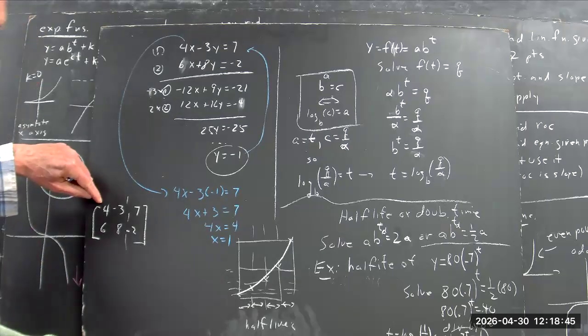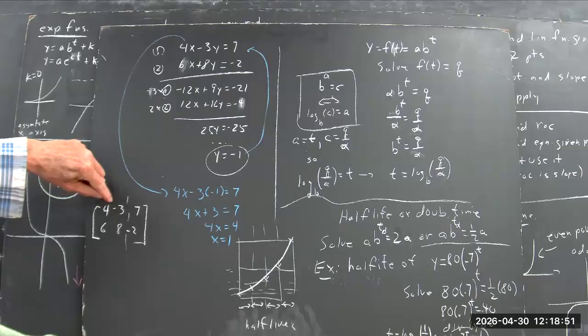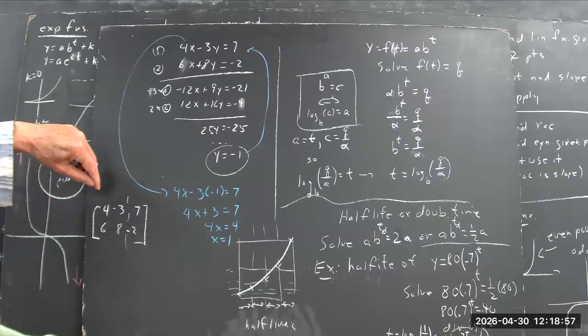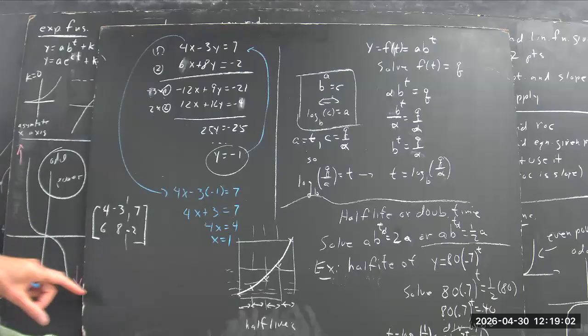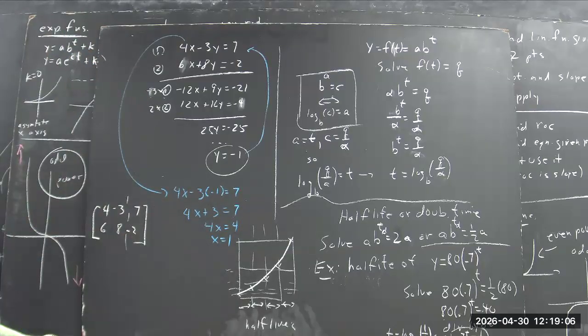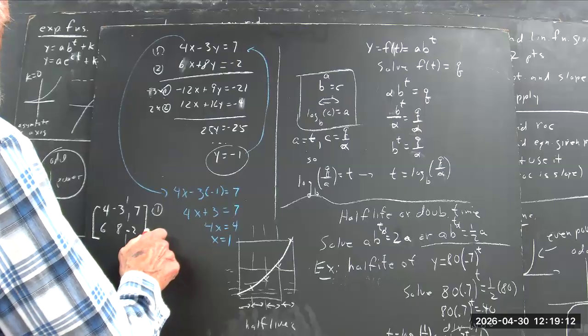A lot of times you want to have a 1 here, but you don't need to really get a 1 here until the last step. If it's more convenient to have 4 here, since if you want to get a 1 here, you divide everything by 4 and you get some fractions, -3/4, 7/4, and all that stuff. You can avoid that by just leaving equation 1 for row 1 the way it is.